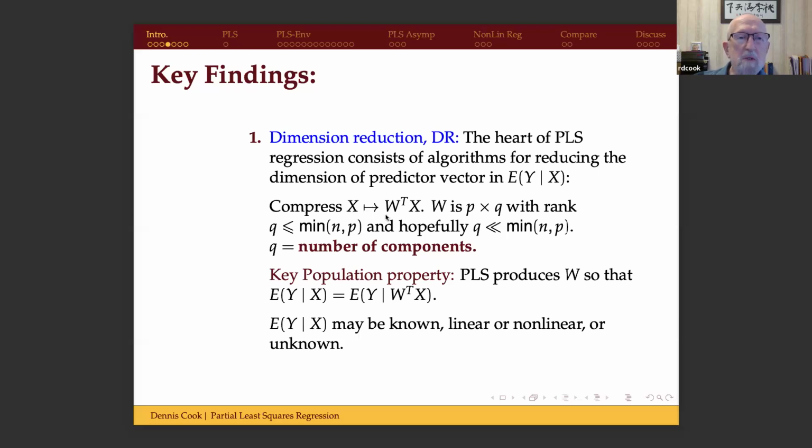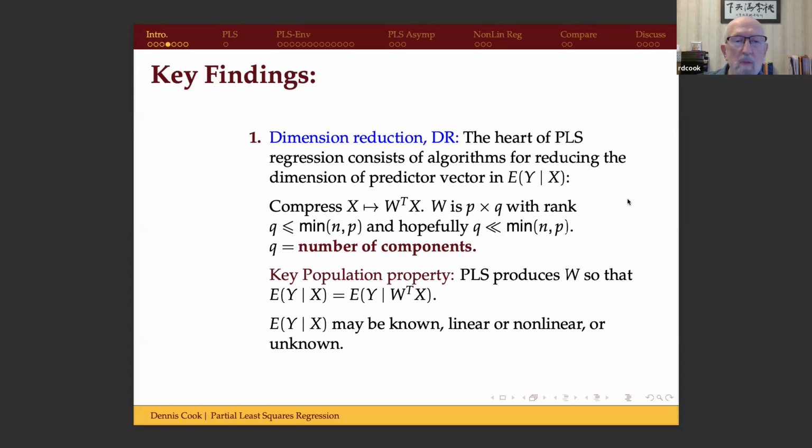It compresses X into W transpose X, where W is a P by Q matrix with rank Q, which is less than or equal to the minimum of N and P, and hopefully it's a lot less. Q is called the number of components in partial least squares. So if you start off with 100 predictors and you imagine reducing it to 10, that's quite a substantial reduction.